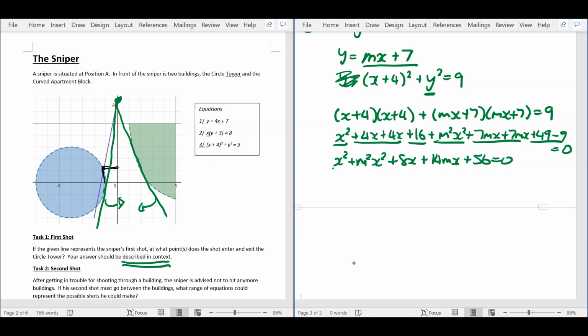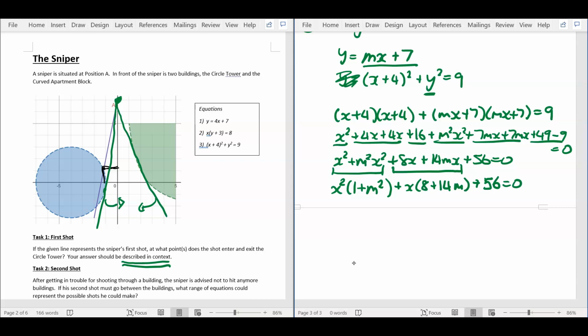We now need to factorize. So there are the x squareds, there are the x's. So we're going to take out the x squared here, leaving 1 plus m squared. We're then going to take out the x for the next lot, leaving 8 plus 14m, and 56 is unchanged, and that's still equal to 0.